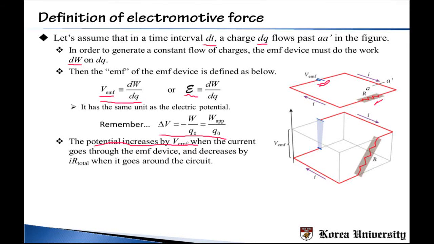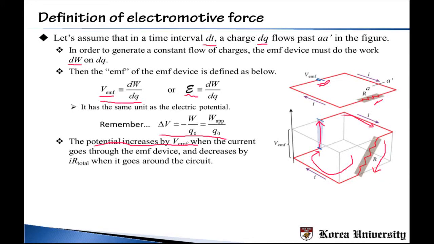Okay, so in the graph on the right side, the current is flowing clockwise, and of course inside the conducting wire, potential will not change. When it finally goes through the EMF device, it will go up by this V_EMF, and then again in the wire nothing's changing. But then when the current is flowing through the resistor, it will again go down.